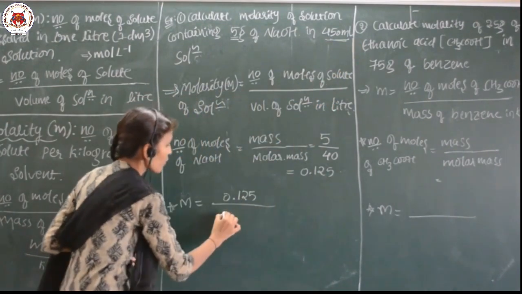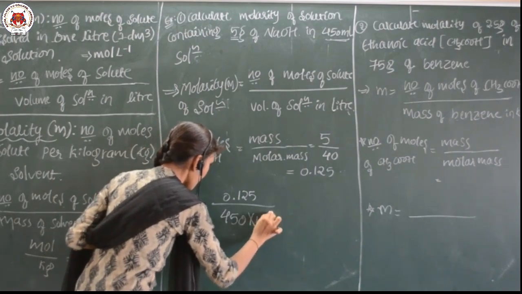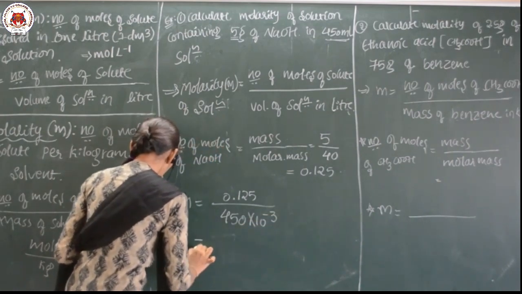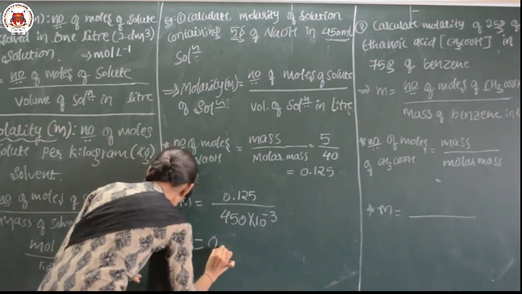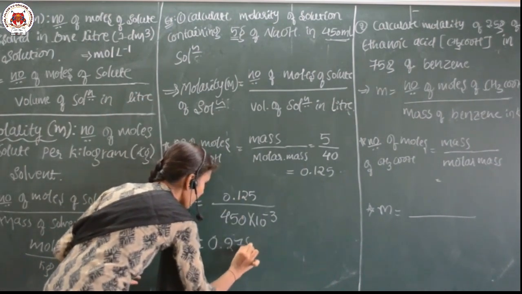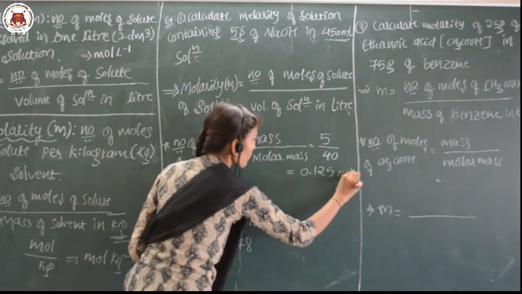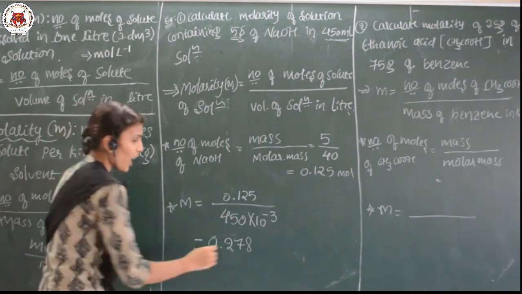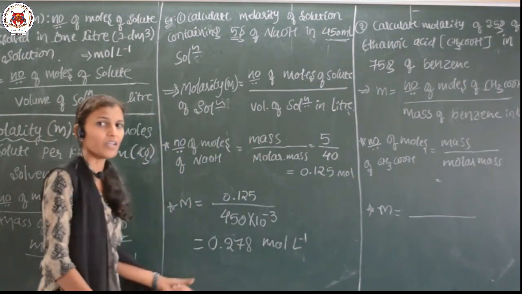So convert that into liter, that means 450 into 10 to the power minus 3. Here you are going to get, by calculating, 0.278 as your answer. As it is molarity, mole per liter is the unit.